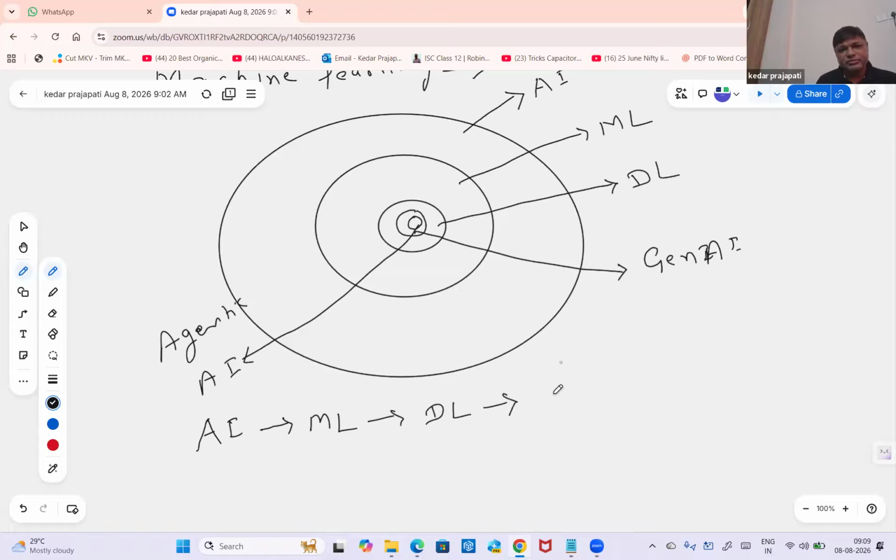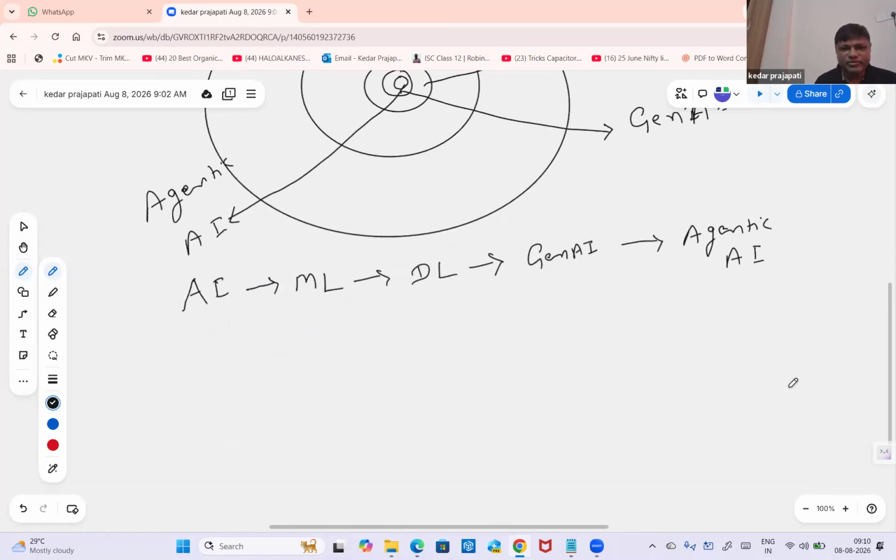Then we have Gen AI, generative AI, and we have agentic AI. So one or two classes will learn all these terminologies, so that it will be easier to learn the practicals. So now what is AI?